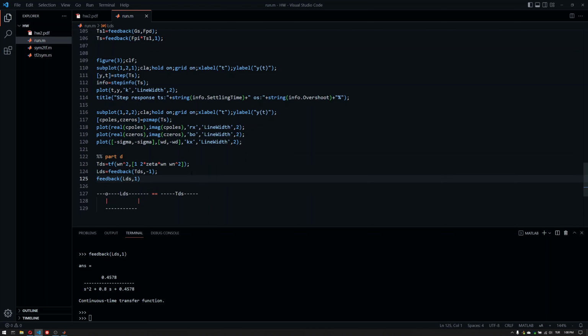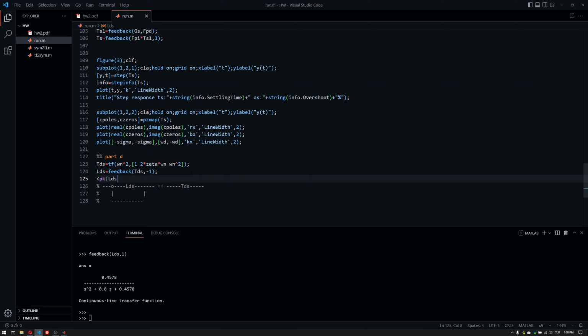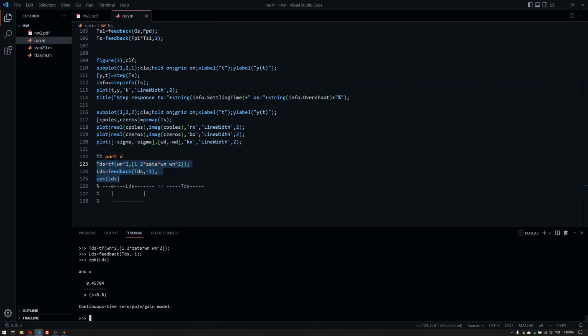So if this is LDS, ideally in the loop we should get basically LDS or ZPK. Let me show you that. Ideally we should have a pole at the origin, a pole at 0.8, and a gain of 0.45 if we want to end up in the closed loop TDS that we are after. We've chosen the closed loop transfer function based on zeta and omega n as a second order transfer function, and that's basically it.